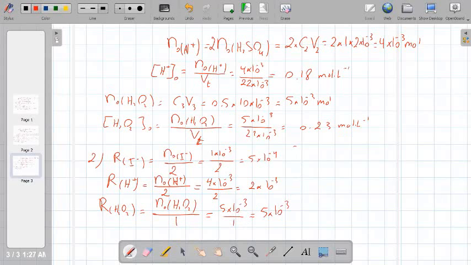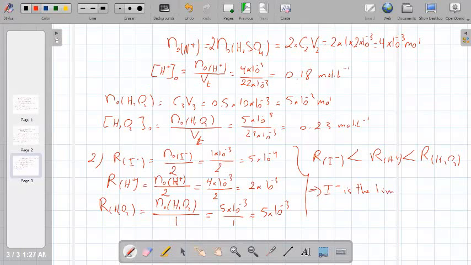By comparing the three ratios, we find that the ratio of I minus is less than the ratio of H plus, which is less than the ratio of H2O2. Then I minus is the limiting reactant.